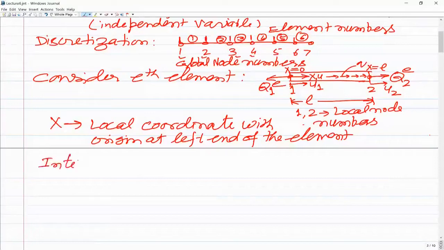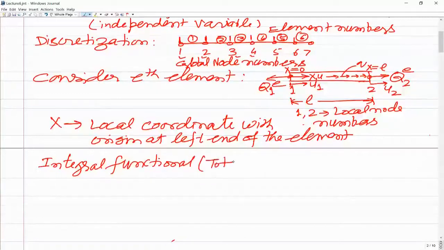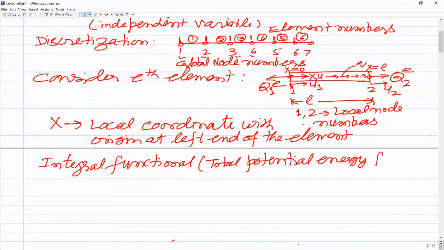We have already derived this, so I'm not going to show the derivation again. The integral functional, we also call it the total potential energy functional, and we denote it by I.